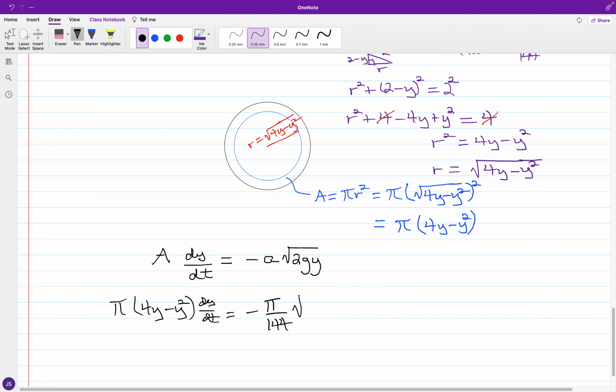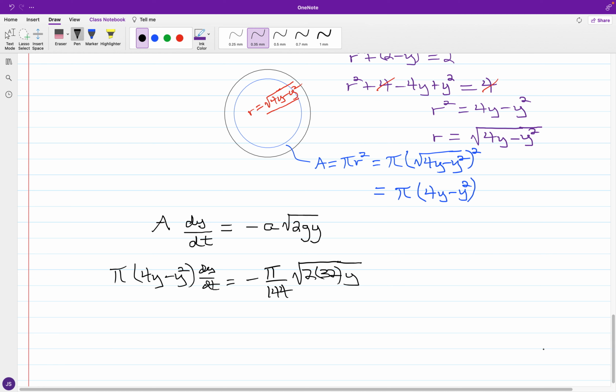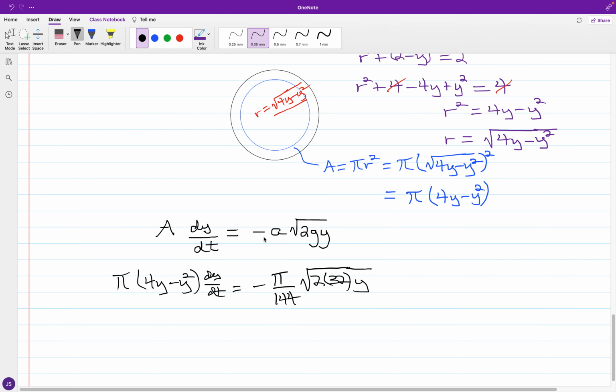Since we are, again, dealing with English units, we have the same size hole. Here we got the square root of 64, which is 8. 8 over 144 is going to be 1 over 18, and I can get the pi's to cancel out.